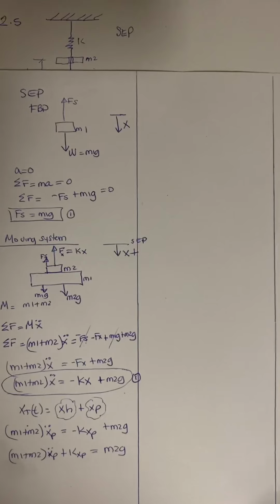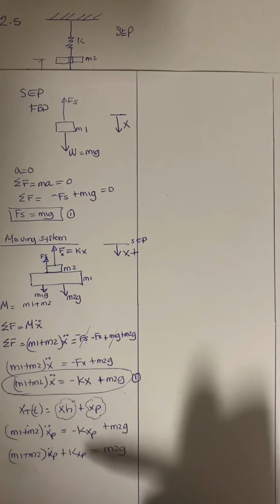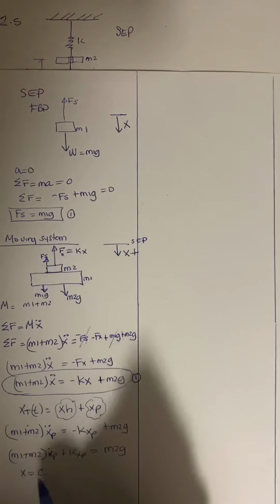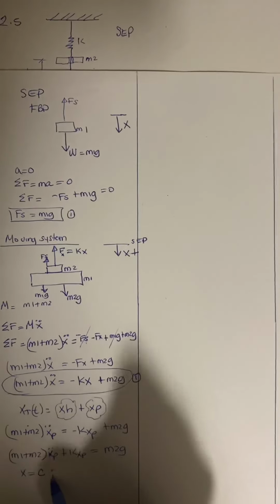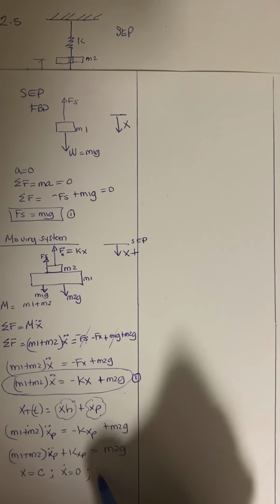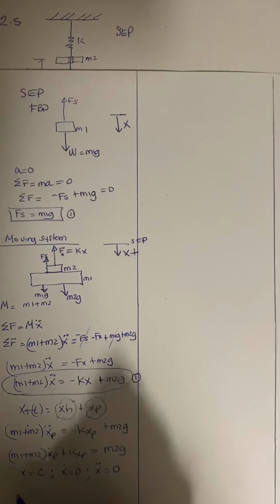Because this differential equation is equal to a constant, we can assume a solution that looks like this: x is equal to a constant. So if x is equal to a constant, x dot is going to be equal to 0, and x double dot, the acceleration, is going to be equal to 0. If we substitute these values in this equation, we're going to get the following.